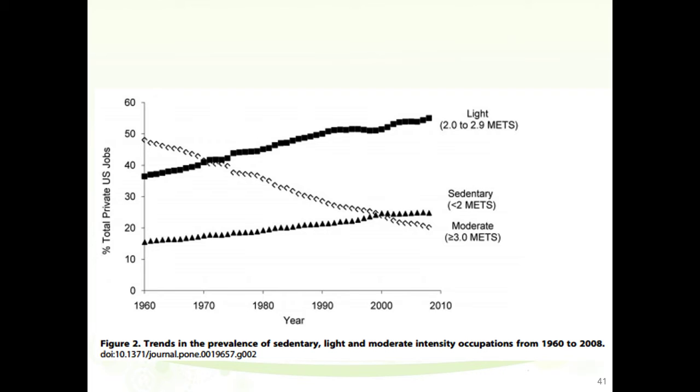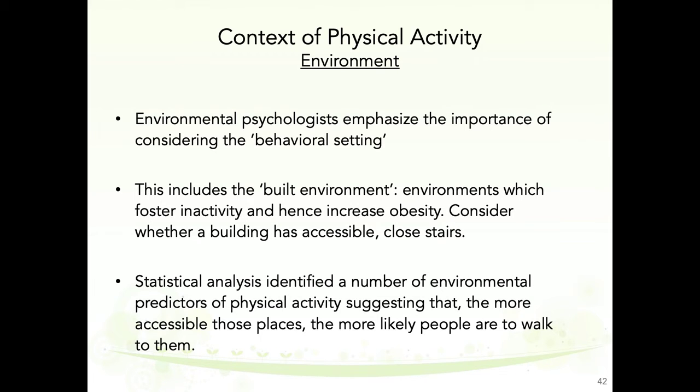So what that means is there's a lot less opportunity for people through employment to get a normal amount of physical exercise. And so that's a cause we can think about that's structural or environmental, and it is very different than the psychological level, which informs how we should think about psychological interventions for, say, increasing physical activity.